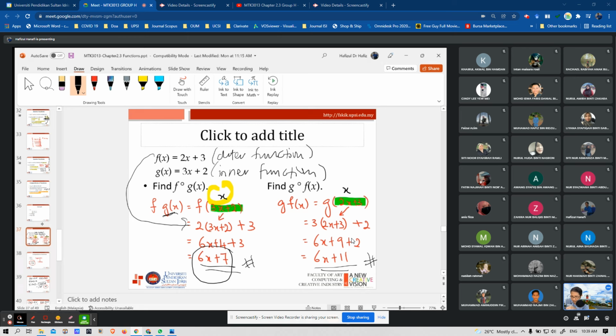And then for g of f(x), g(x) is 3x plus 2, and x is replaced by 2x plus 3, so we replace the function. We have 6x plus 11, and the output is not the same. This one is 6x plus 7, this one is 6x plus 11.